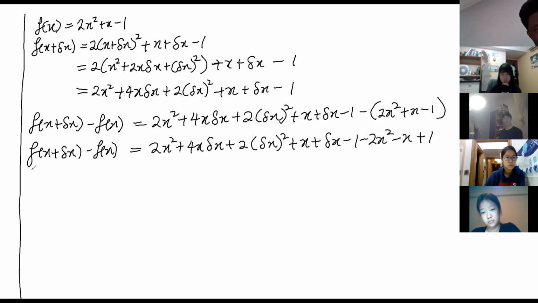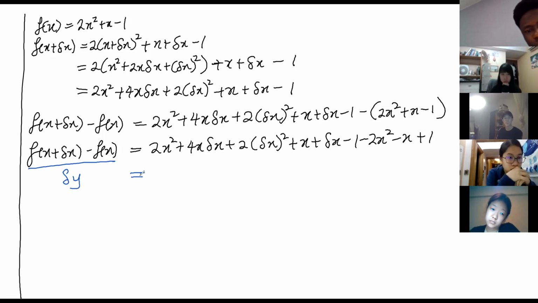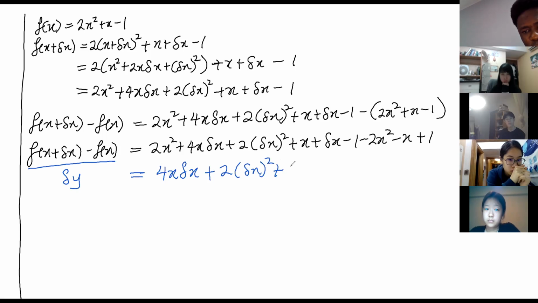So at the end, this left-hand side is simply change in y. And what is left on the right-hand side is simply 4x delta x plus 2 delta x squared plus delta x. Do you agree? Because every other thing is gone.